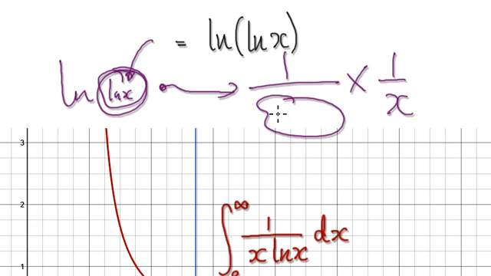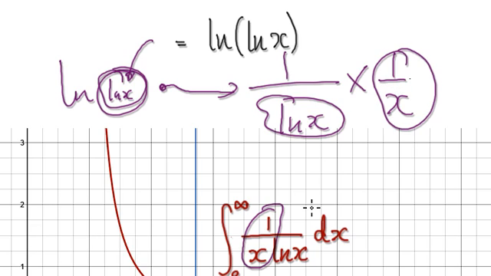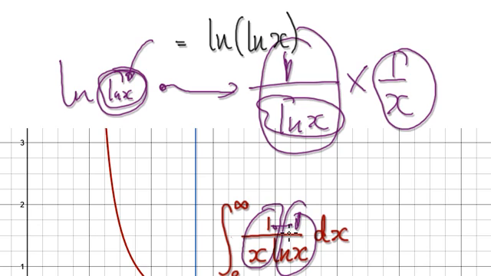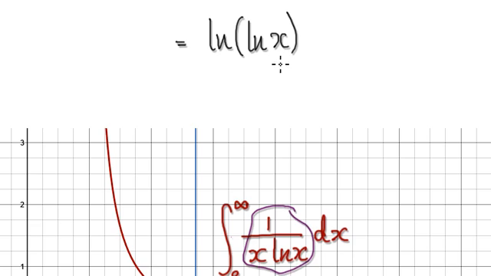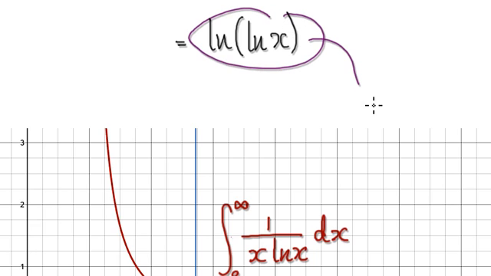See this 1 over x here, that's this 1 over x here. See this 1 over natural log, this 1 over natural log. So top times top, bottom times bottom. So if you integrate this, it will give you this thing. And if you differentiate this, it will give you this thing here.